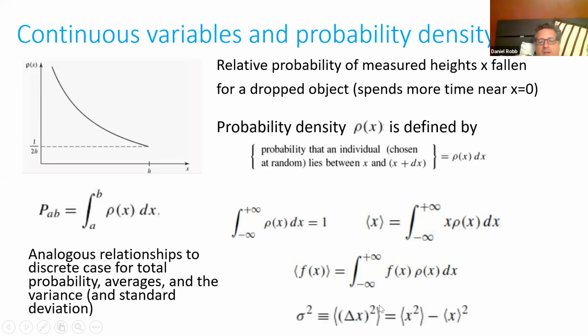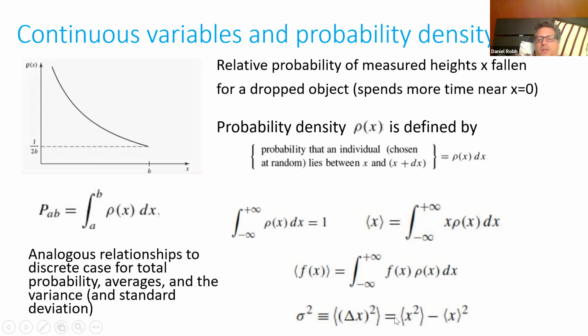So using that, we can define the variance, and from the variance we can get the standard deviation just by taking the square root, as the average value of the deviation, which would be x minus the average value of x, just like in the discrete case.